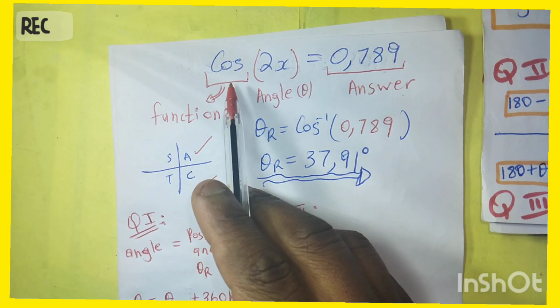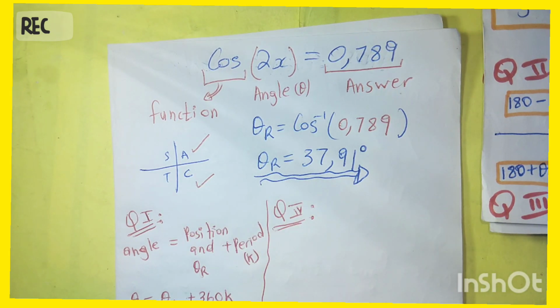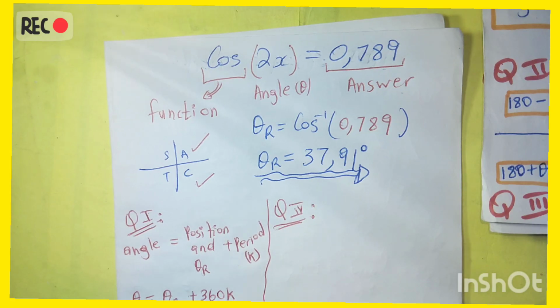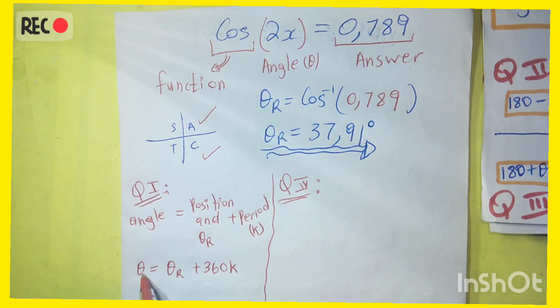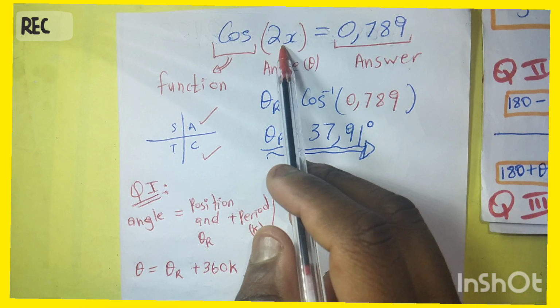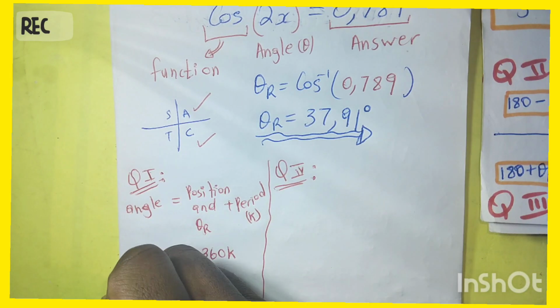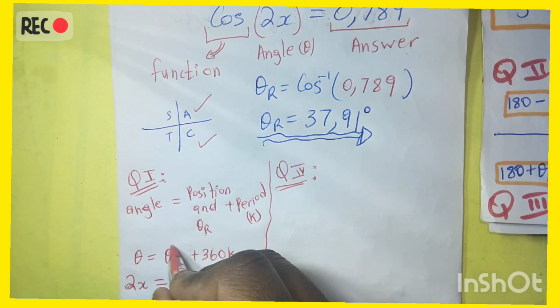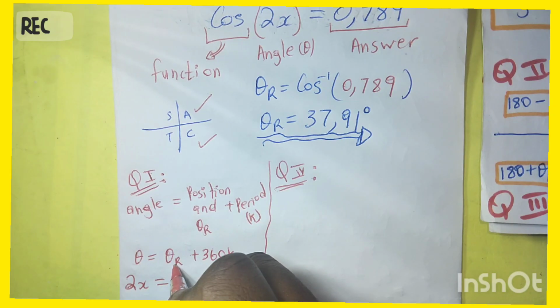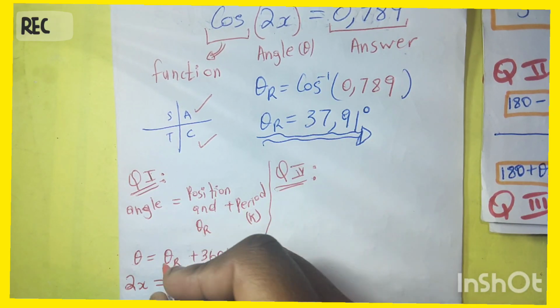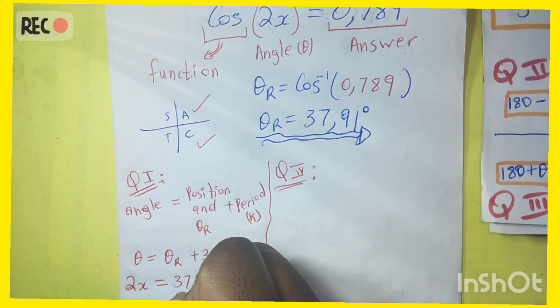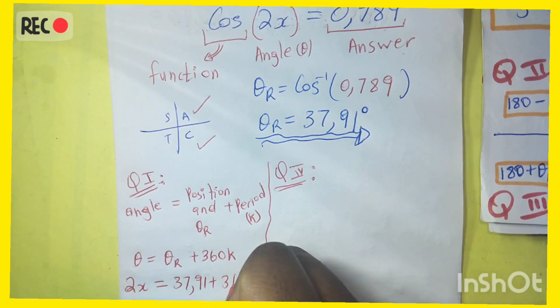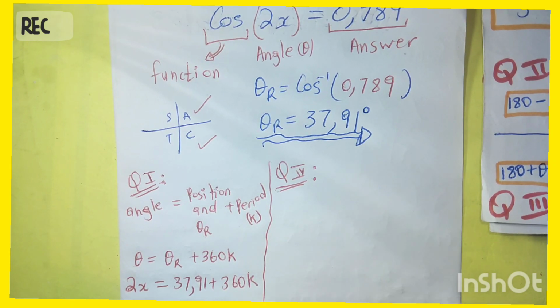If your function is sine or cos, you will say here 360. And now what I can do, I can substitute my angle according to the question. This one there is the angle according to the question, and say equal to the reference angle, which is this one there, 37.91 plus 360K then. Do you see?